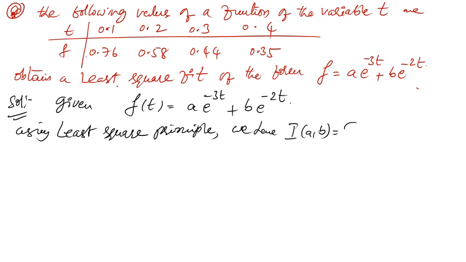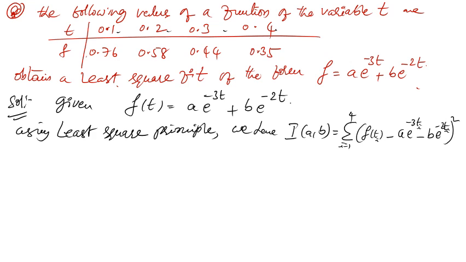The function one can write like this: I equals the summation of f of t minus a into e to the power of minus 3t minus b into e to the power of minus 2t, whole square, right? And I is from 1 to 4, or 0 to 3.